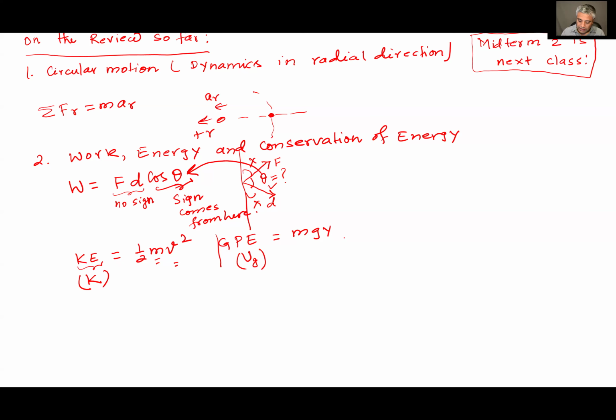So gravitational potential energy, or U with subscript G, is the product of mass, acceleration due to gravity, and its position height from some reference point. Okay. This is position from some chosen point, I should say.